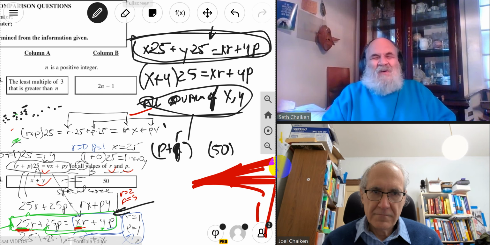And is it possible for X plus Y to be less than 50? And if it is possible, is it always true? Is it possible for X plus Y to be 50, and also possible that X plus Y is greater than 50? If that happens, you'd have to answer, you cannot tell.